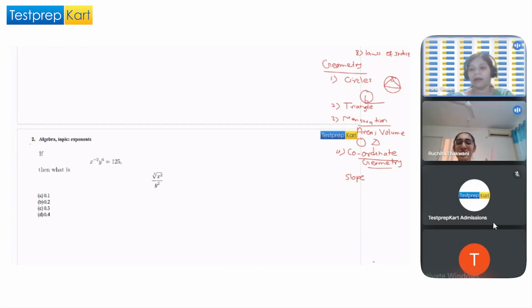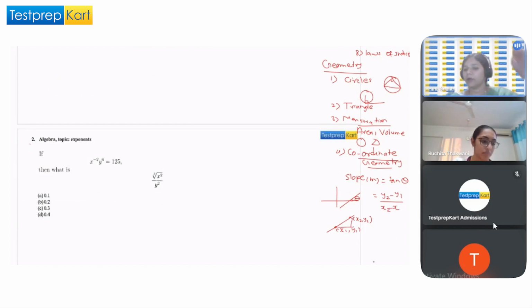In terms of the angle from the positive x-axis, measured anti-clockwise, the formula is tan theta. If two points are given, suppose x1, y1 and x2, y2, the formula is y2 minus y1 upon x2 minus x1. So you're correct, rise over run. We take it as opposite upon adjacent. That's why the formula in terms of the angle is tan theta.